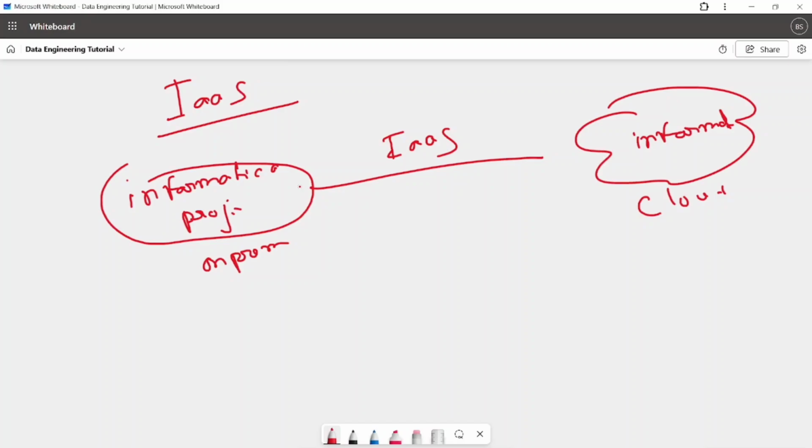I want to keep the same product in Azure, so I want to migrate it. For this kind of project we require IaaS service, because you are not losing your platform, you are just changing the platform. In this kind of situation you have to use lift and shift. Just remember the lift and shift approach.